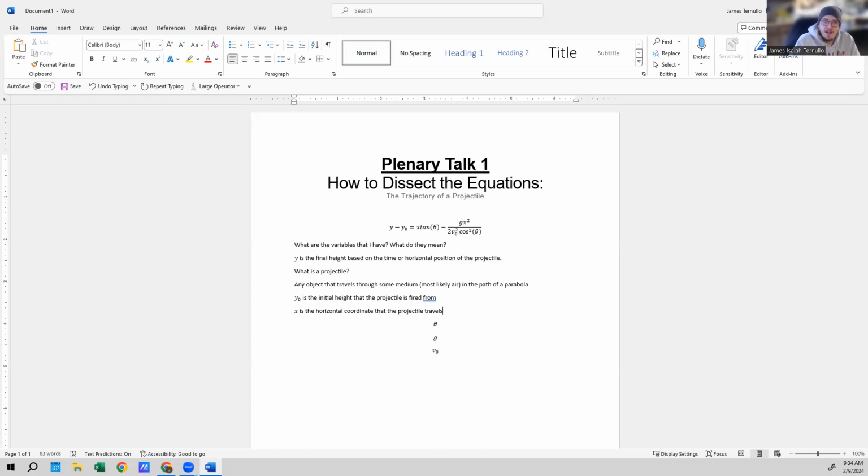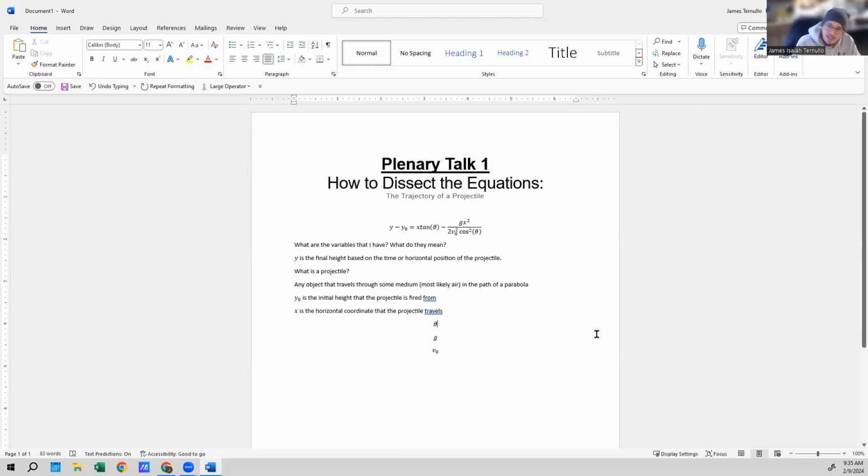So if we were looking at a football being thrown through the air, and maybe we're playing during the day, so we don't need a light, we can see that the ball casts a shadow on the ground, and that shadow that's cast on the ground is the horizontal coordinate of that football. And so what's special here is x holds a very special place, and we're going to see why when we go to derive the equation for projectile motion.